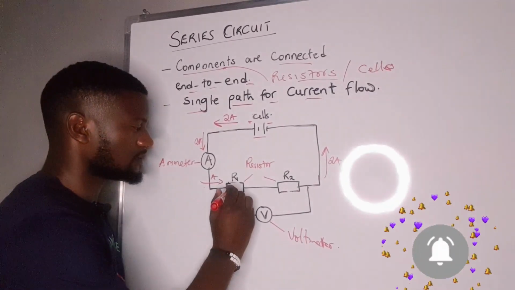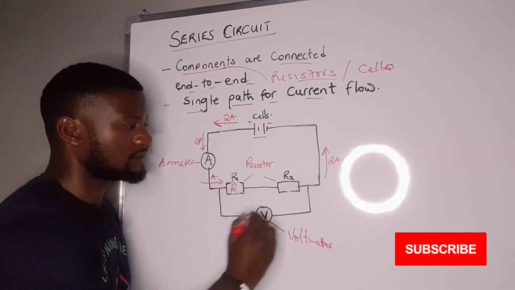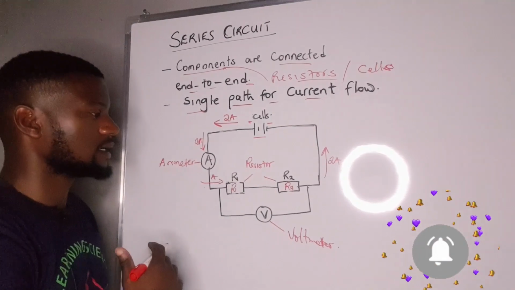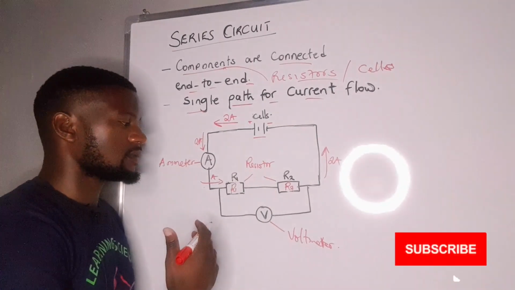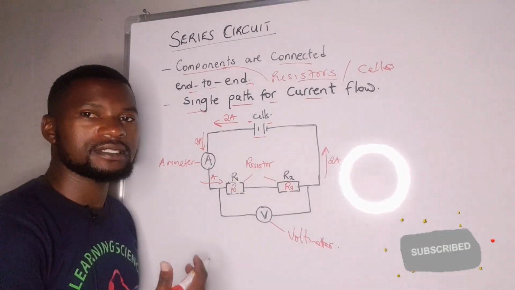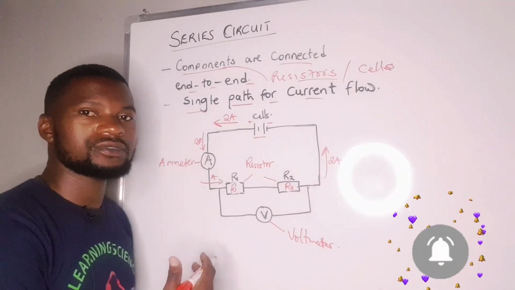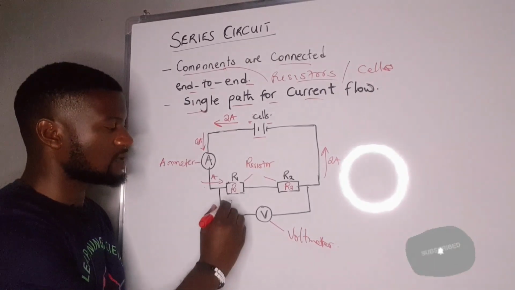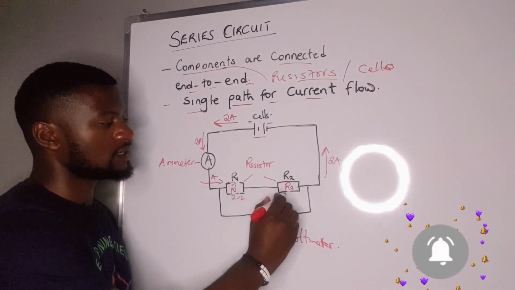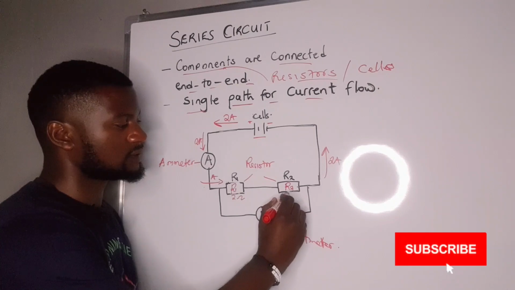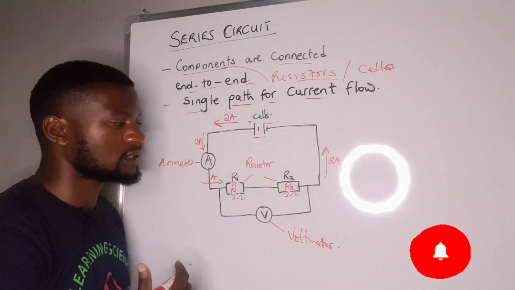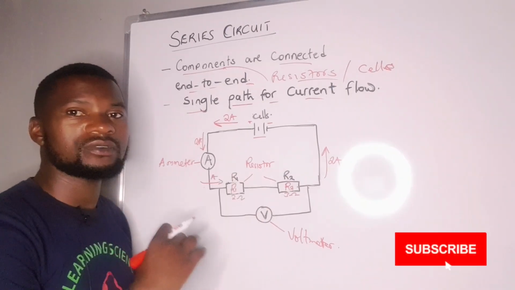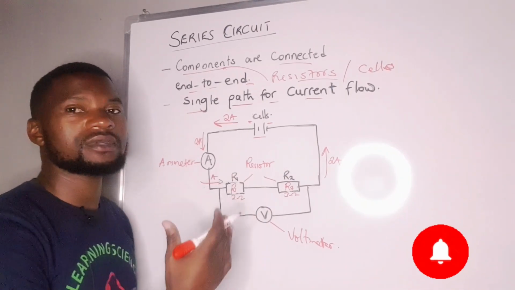If we have resistor 1 here, and this is our resistor 2, the combined resistance is the sum of the individual resistances. If resistor 1 is 2 ohms and resistor 2 is 3 ohms, our combined resistance will be the sum of the two.